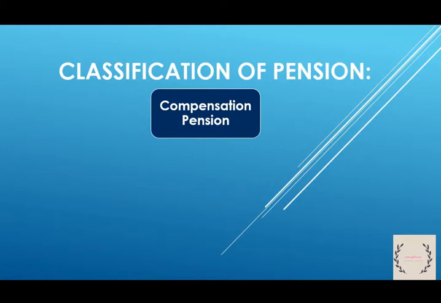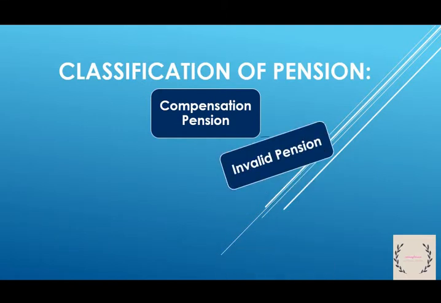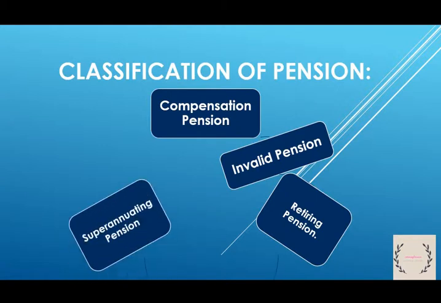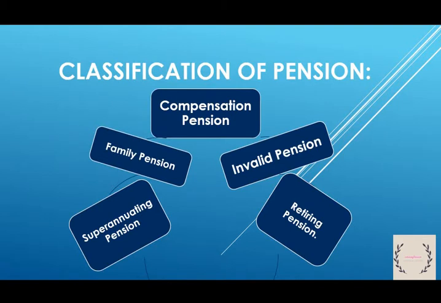I will describe all these categories in detail in the following slides. Number 2, invalid pension. Number 3, retiring pension, which you can also call qualifying pension or voluntary pension. Number 4, superannuating pension. Number 5, family pension.